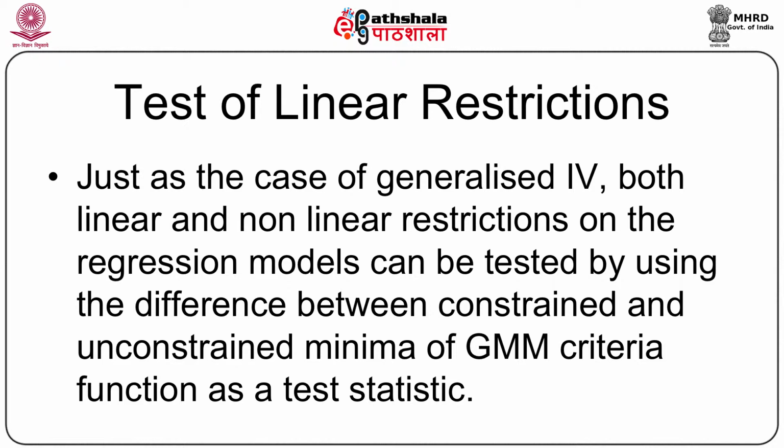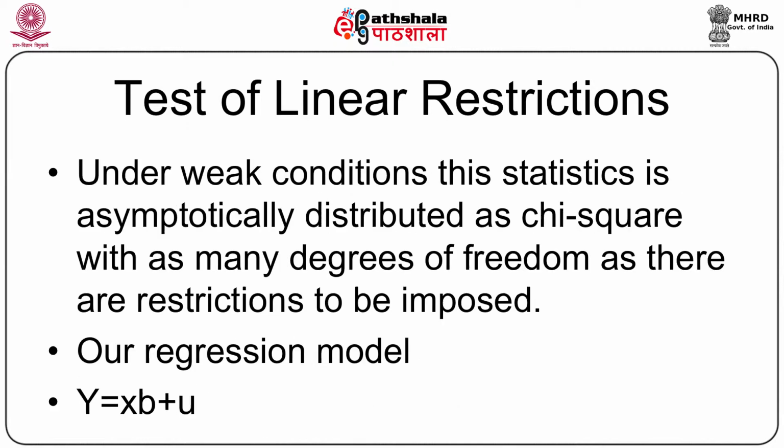So while carrying out the test, what we can do is first estimate the model using the restriction and estimate the model without the restriction, and take the difference between the constrained and unconstrained minimum of the GMM criteria function as the test statistic. Now under weak conditions, this test statistic is asymptotically distributed as a chi-square with as many degrees of freedom as there are restrictions to be imposed.